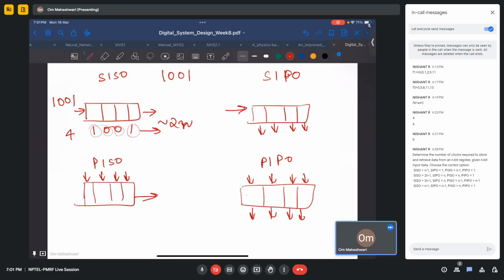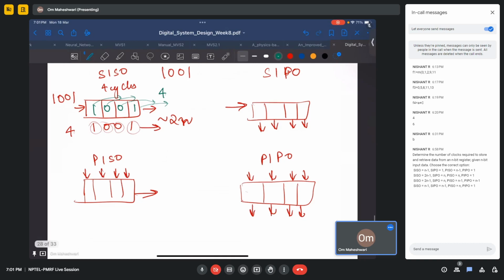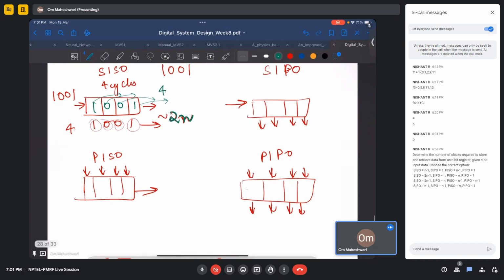Once you have fed it in 4 cycles, you need almost 4 more cycles to take each bit out. So the number of cycles is proportional to 2n for load plus retrieve.